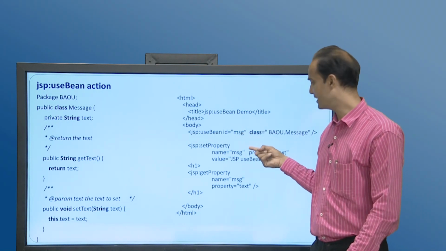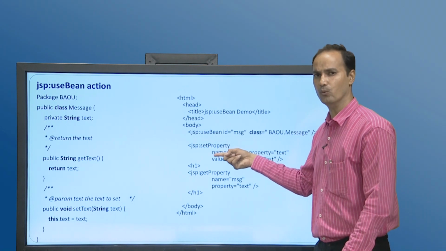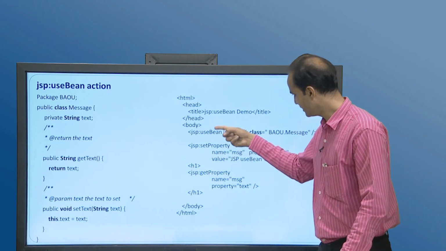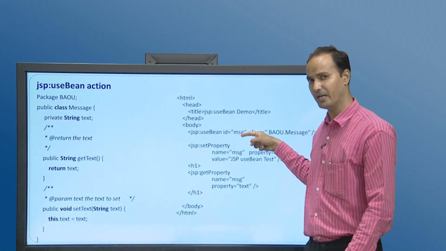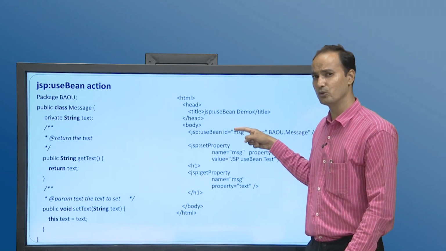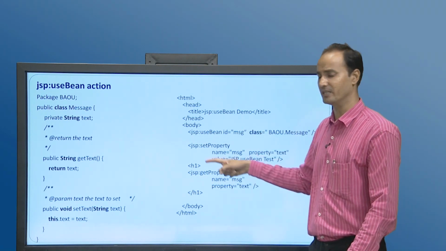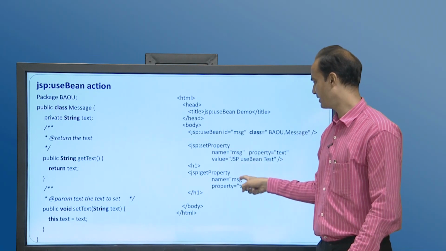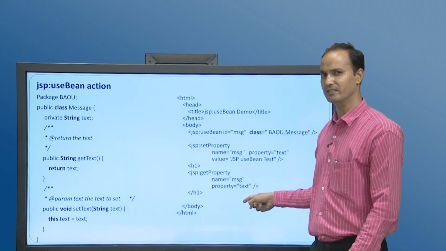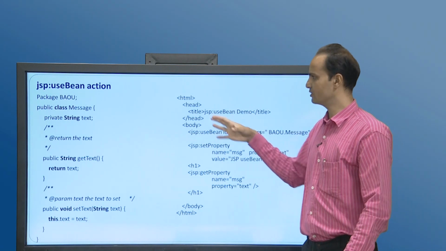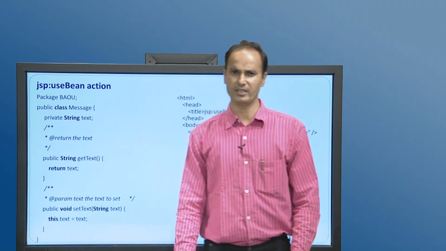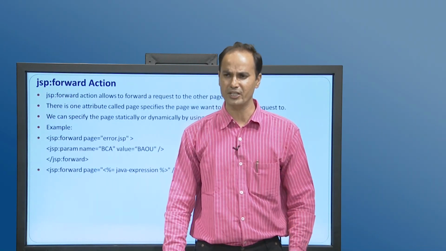That is identified through this name value, which has the same name as the bean id. Check and match it. So the bean id must be used in the setProperty and getProperty. Here, getProperty gets the property that we have already set in the bean. This way the standard action useBean helps us to manipulate the model or bean data.